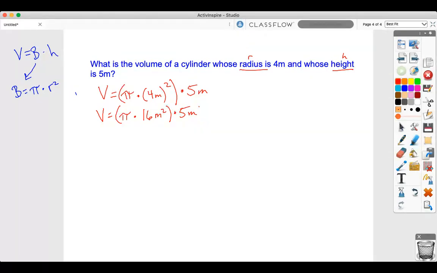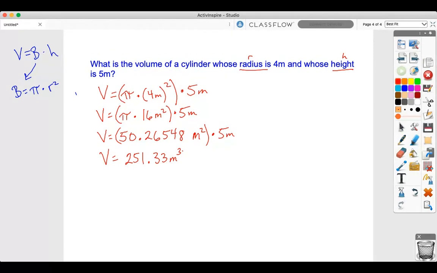Take your calculator, take 16, multiply it by pi. That's going to give you 50.26548 meters squared times 5 meters. And this last step is where you round. So this will now give you 251.33 meters cubed. Again, do not round until the end.